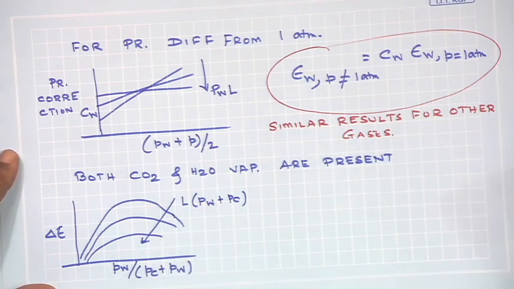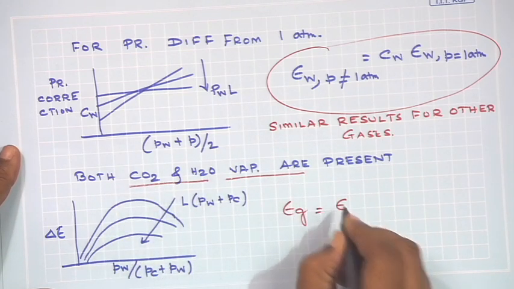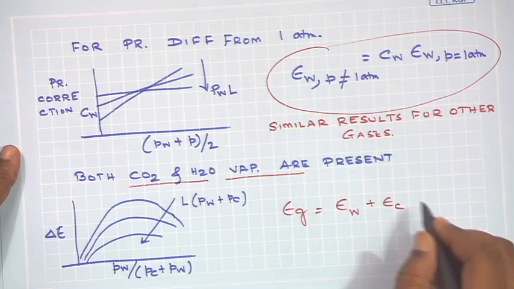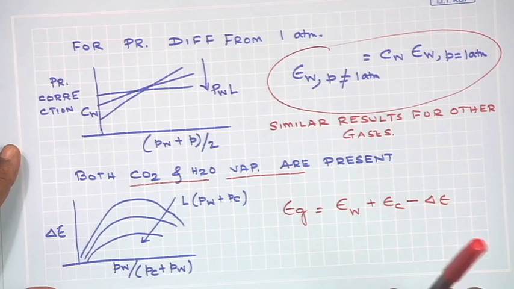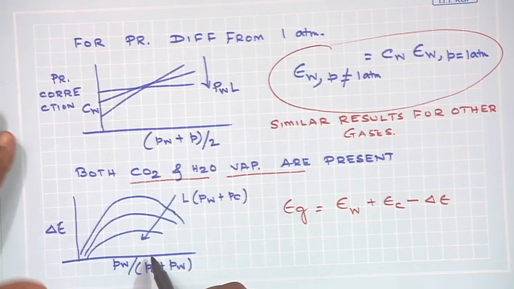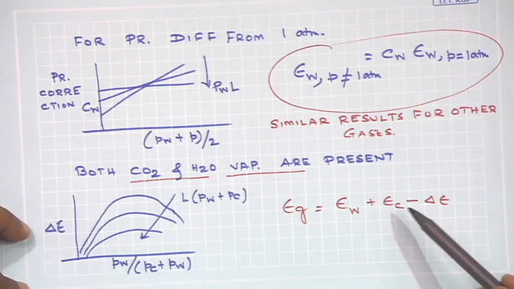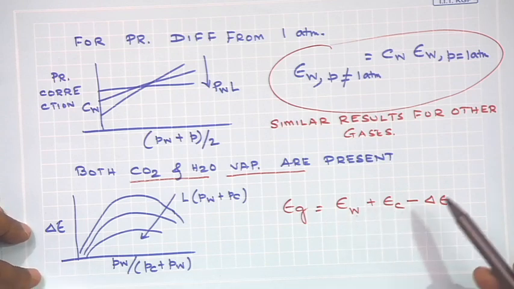The value of epsilon g when both CO2 and water vapor are present is going to be equal to epsilon of water that you have calculated plus epsilon of carbon dioxide that you have calculated from your previous one minus delta epsilon. This delta epsilon value can be read from these graphs, and together they would give you some idea of what is the emission from a gas mixture consisting of water vapor as well as carbon dioxide or any other participating medium.